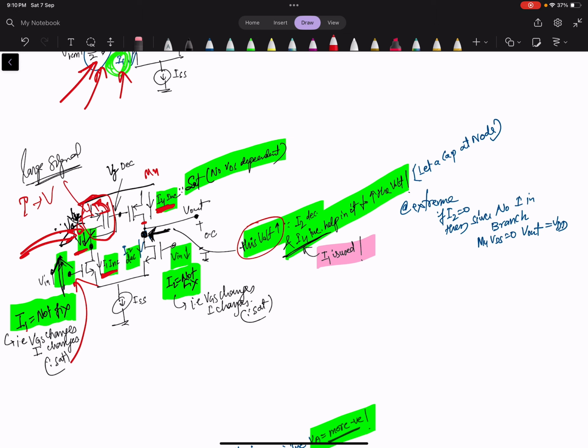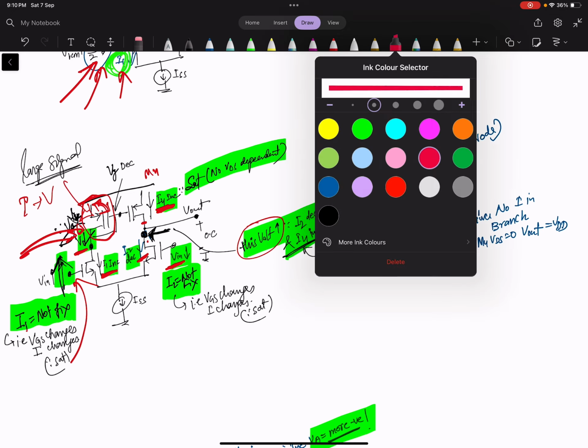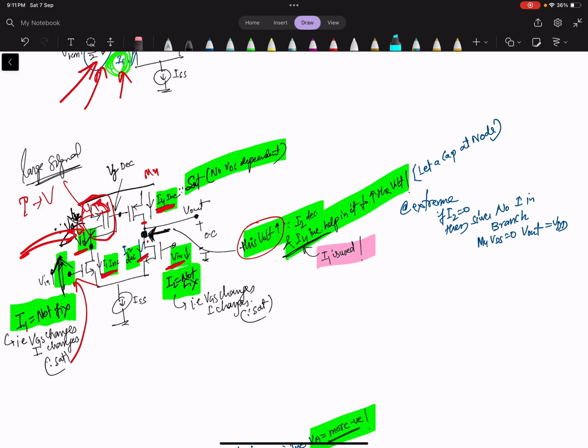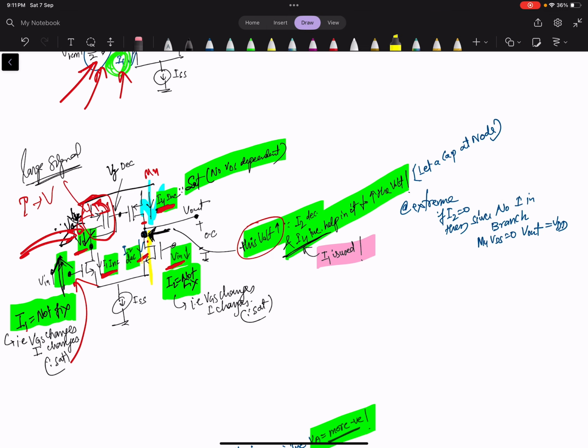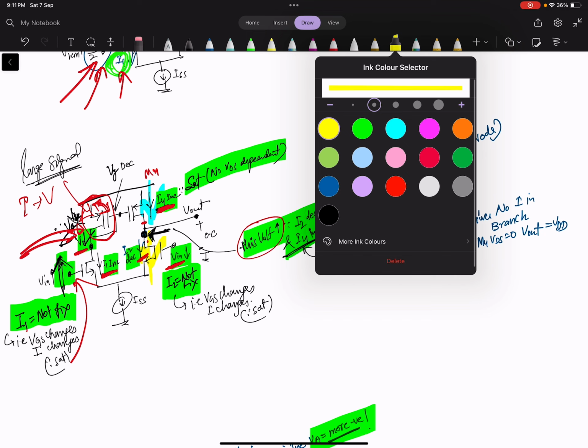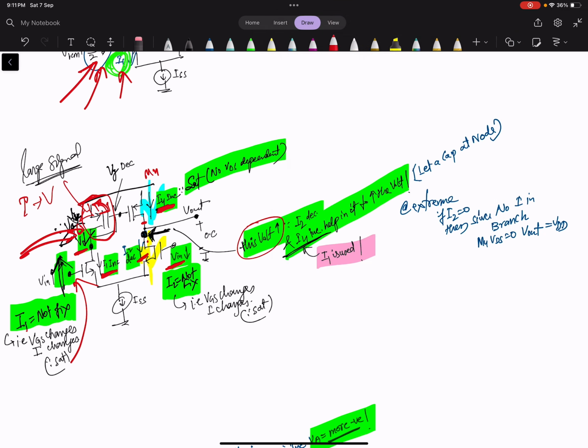Now that is the first point. Second point is, if the input voltage on this side decreases, the current through this branch will decrease. From the top, if you see, this side current increases and below the current decreases. So what does it mean? It means this voltage will increase.